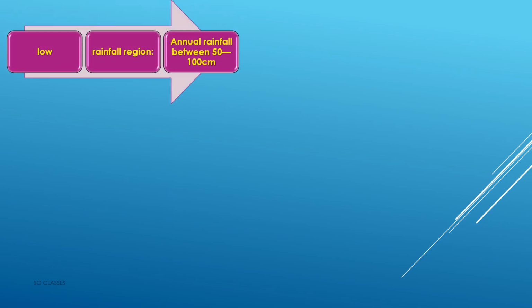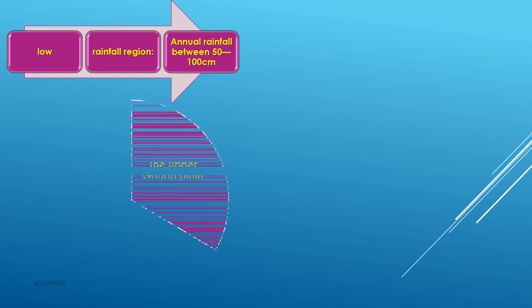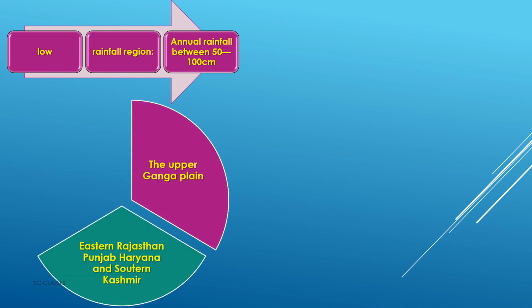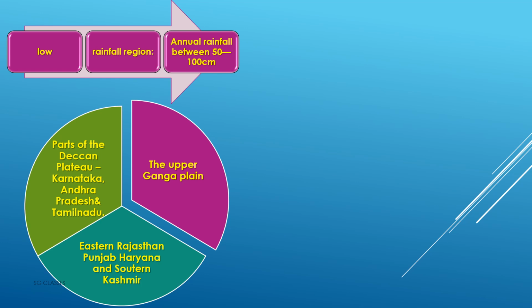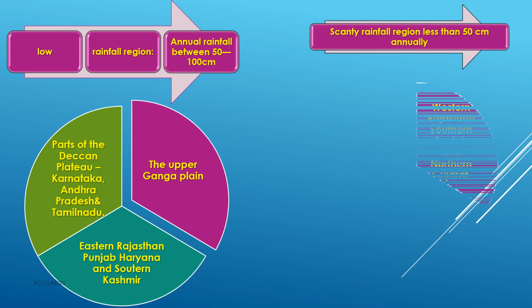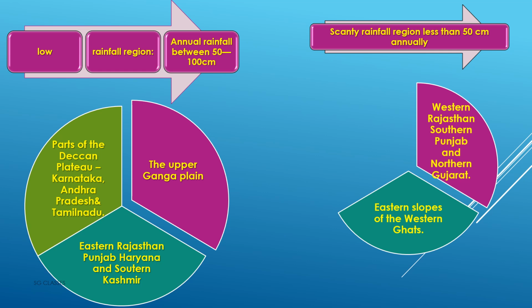Now the regions receiving low rainfall, that is 50 to 100 centimeters, include parts of the Deccan Plateau comprising Karnataka, Andhra Pradesh and Tamil Nadu, eastern Rajasthan, Punjab, Haryana and Kashmir. Regions receiving scanty rainfall, that is 50 centimeters or less, include the northern part of Kashmir, southern Punjab and western Rajasthan, and the rain shadow regions of the Western Ghats lying in the Deccan Plateau.